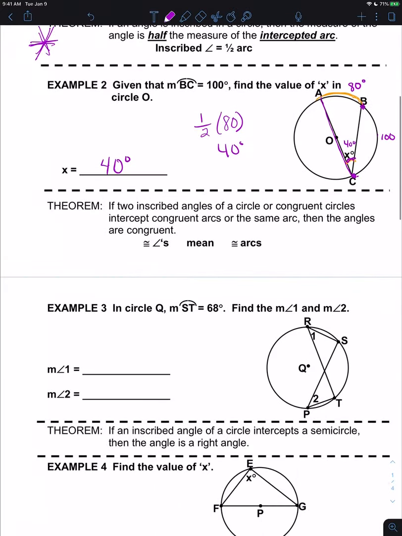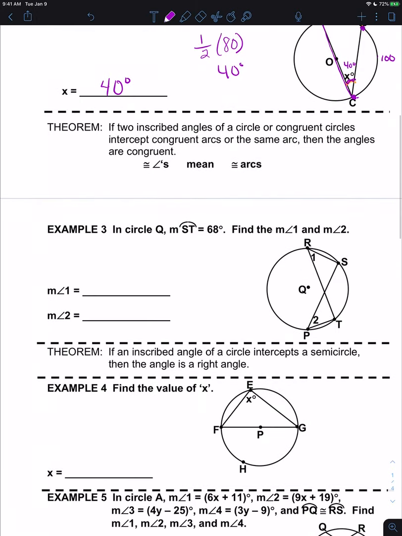Okay, we're just going to keep playing with these. Even if you've got an angle here, let's just read it. In circle Q, S to T, from here to here, is 68 degrees.